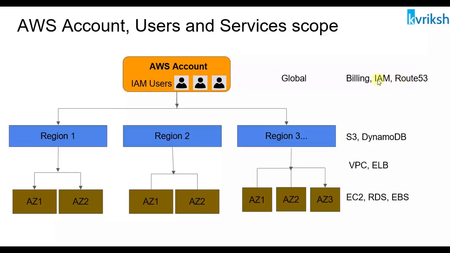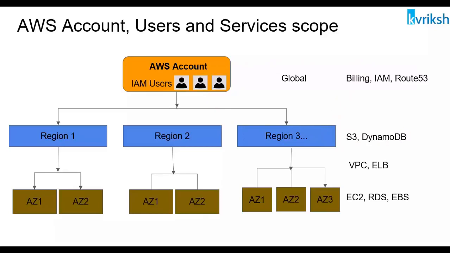IAM, which is identity and access management, also works at account level, which means however many users you want to create, you can create, and all these users would have access to all AWS regions and AZs and the services because they work globally, right? And there are more services we'll talk about shortly, and then some other services like S3, DynamoDB, they work at region level. That means when you create an S3 bucket, you select in which region you want to create that S3 bucket, right? Similarly, DynamoDB tables.